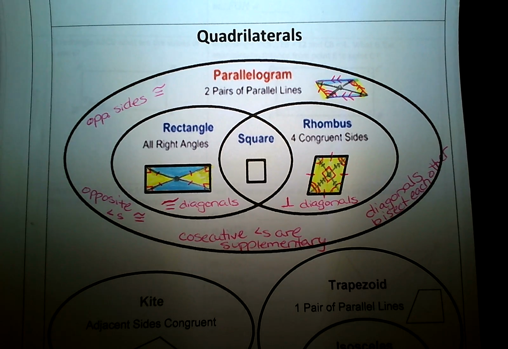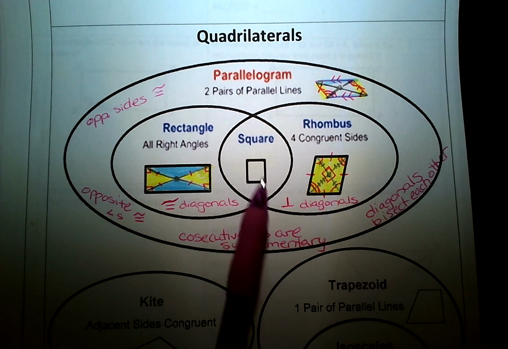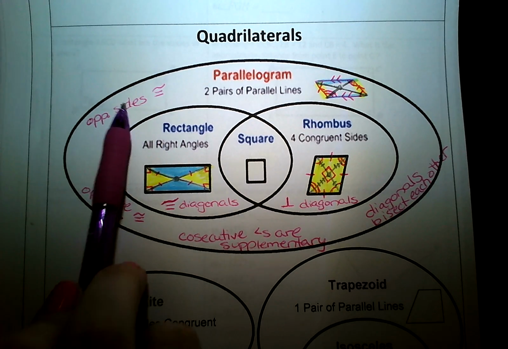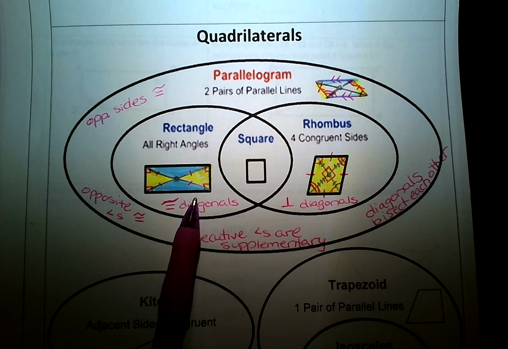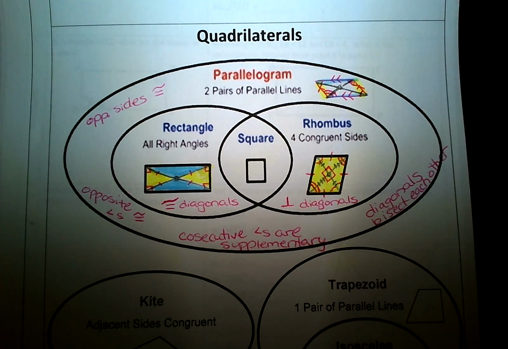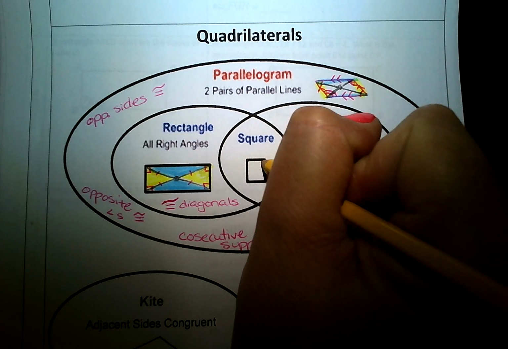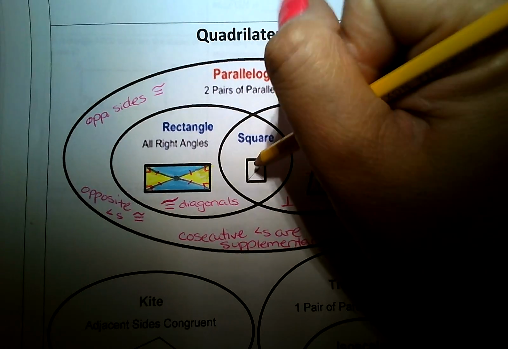Well, when you merge a rectangle and a rhombus together, now we've created a square. A square has all the properties of a parallelogram. It has all the properties of a rectangle with congruent diagonals, and it has all the properties of a rhombus with perpendicular diagonals.